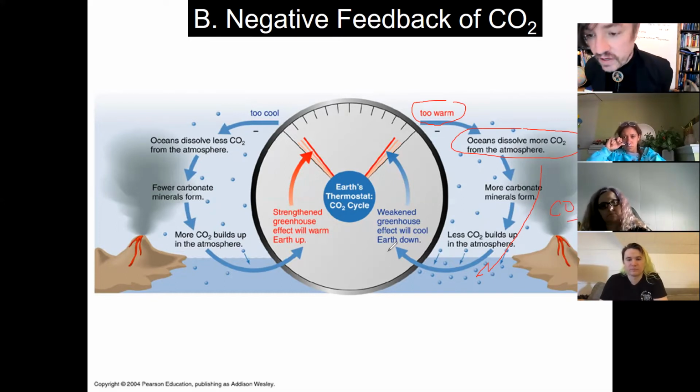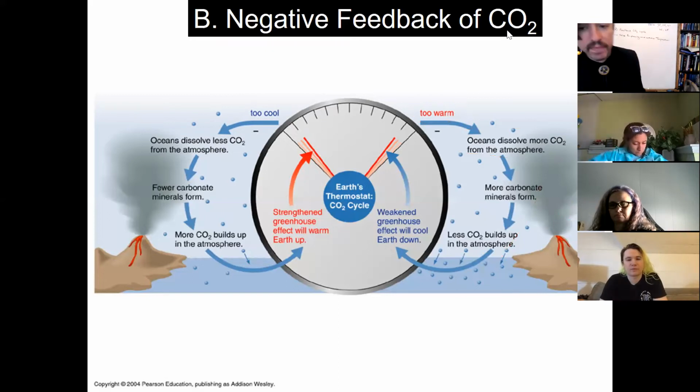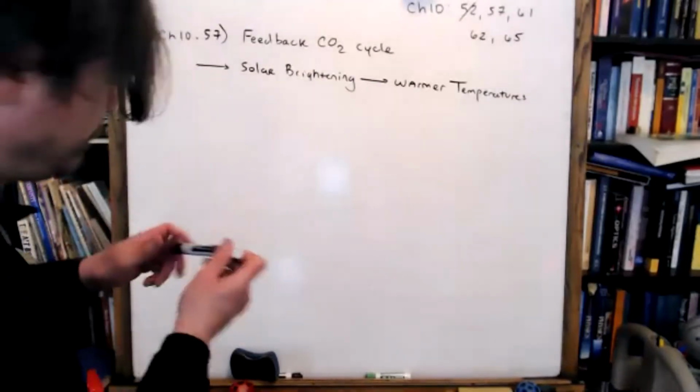We believe this CO2 mechanism is one of the reasons that Earth has had relative climate stability for billions of years. Our oxygen levels might have fluctuated quite a bit, but our temperature levels have not, and that's good for life. So why don't we just reproduce this right here in some crappy little bullet points, okay?